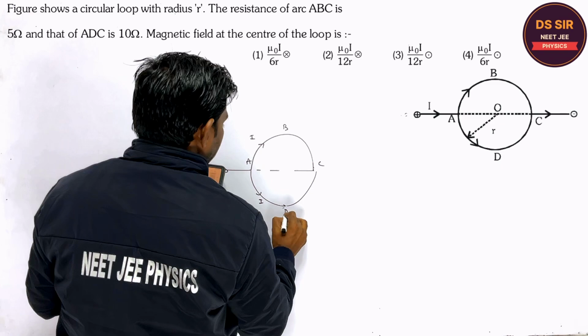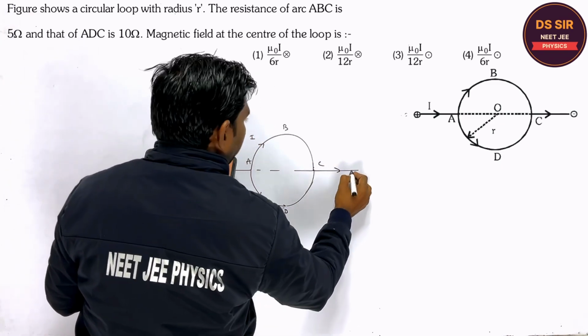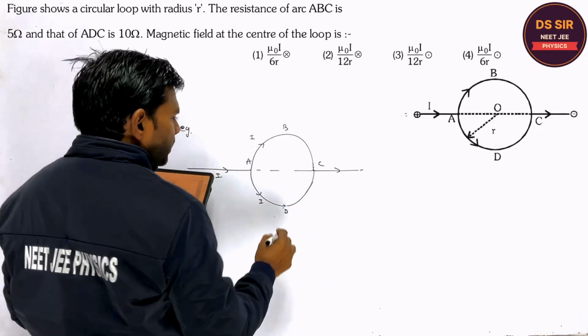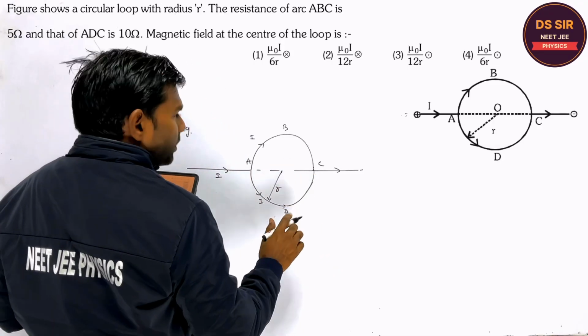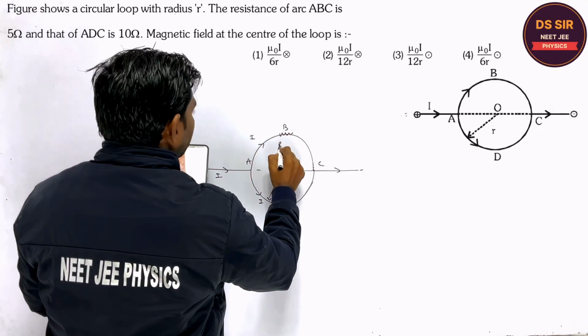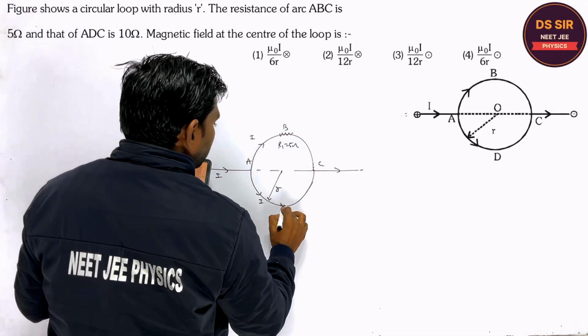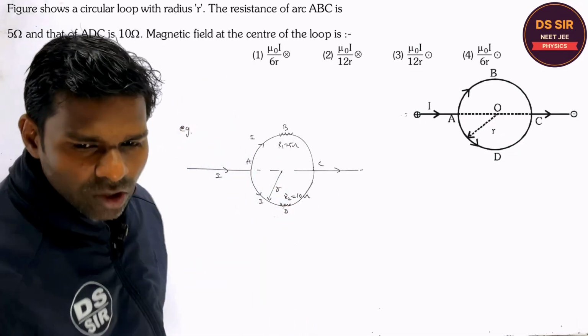And this is the infinite wire. The radius is R. What is the resistance of this part? It is 5 ohm. The resistance of this part is 10 ohm.